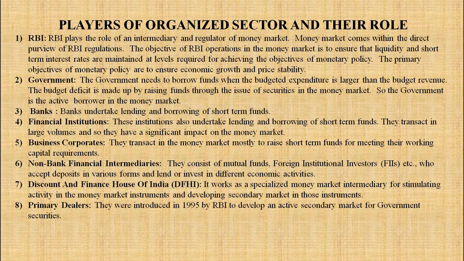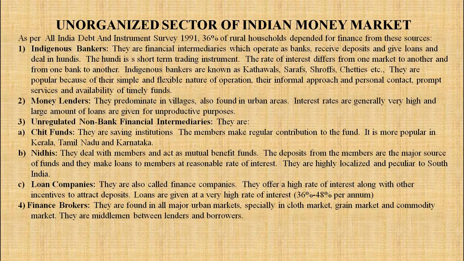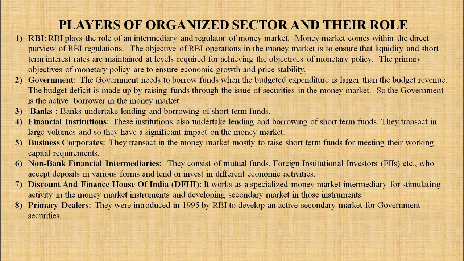It works as a specialized money market intermediary for stimulating activity in money market instruments and developing secondary markets in those instruments. Next, primary dealers. They were introduced in 1995 by RBI to develop an active secondary market for government securities. These are the players in the Indian money market.